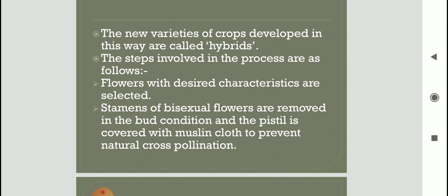Now the stamens of bisexual flowers are removed in the bud condition, and the pistil is covered with muslin cloth to prevent natural cross pollination. So what you have to do is, in the budding stage itself, you have to ensure that natural cross pollination does not happen. How will you ensure that? By removing the stamens and by protecting the pistil. Okay, so the pistil has to be covered with a muslin cloth and the stamens have to be removed.